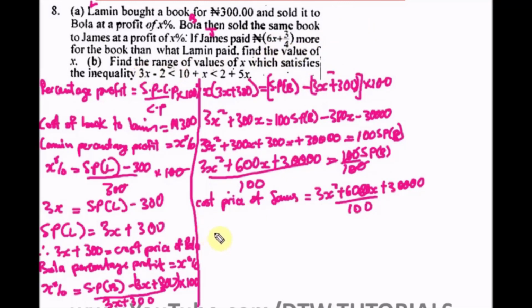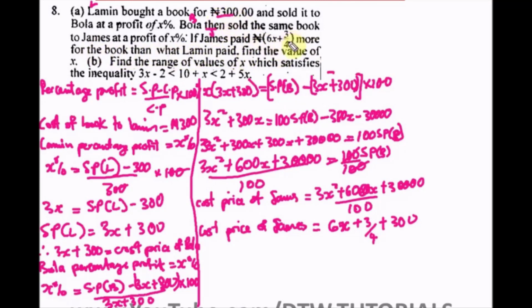So we have another cost price of James, which we are now going to equate to this. Another cost price of James, which the question told us, is 6x plus 3/4 plus 300, because it says if James paid this more for the book than what Lamin paid, and what Lamin paid is 300.